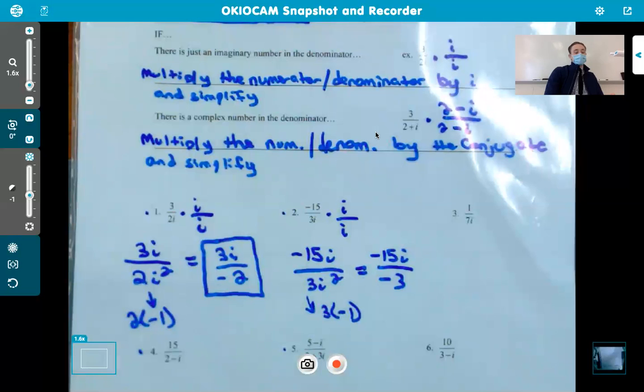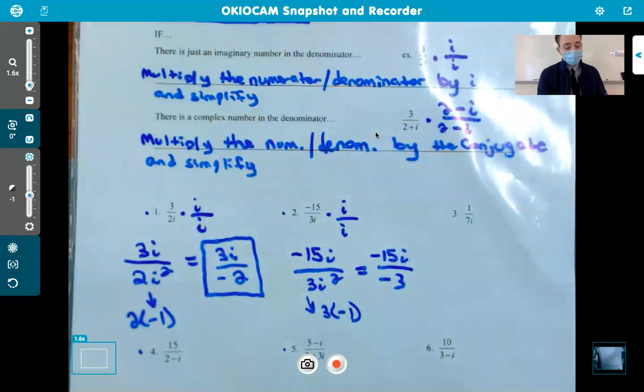Now, something that's a little bit different about this example compared to number 1, we think we can simplify this a little bit further. Over 1, is that what you said? Yeah.